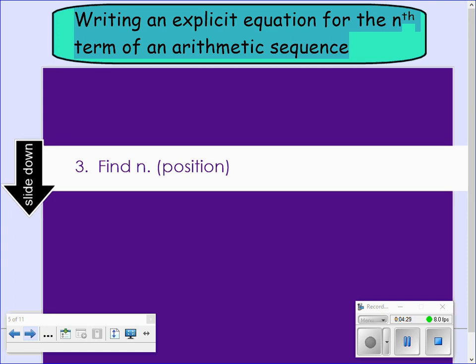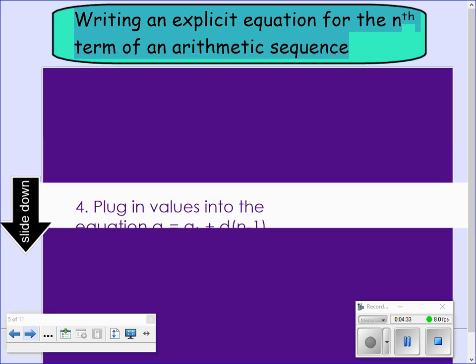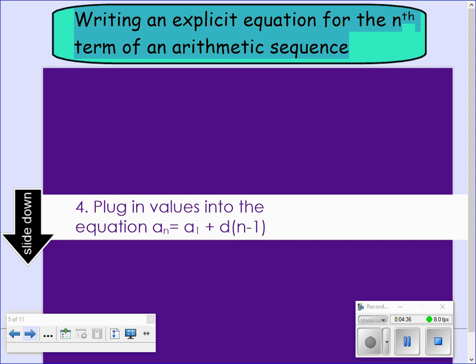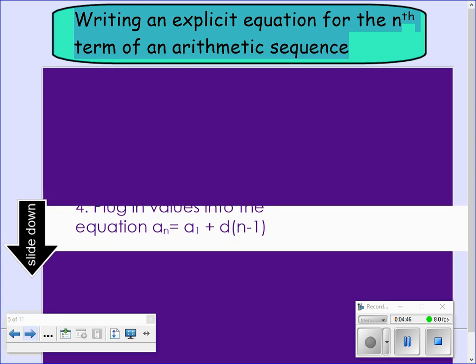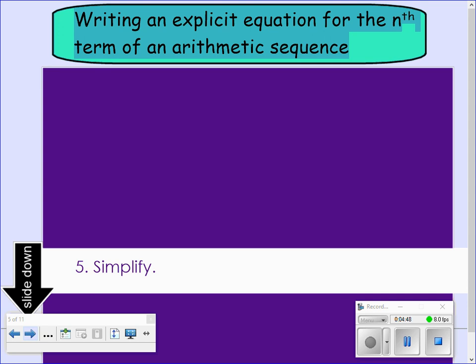Are you looking for the 212th term? What term is it that you're looking for? And then you're going to plug in the values for a sub n, the term that you're looking for, a sub 1, the first term, the common difference, and n. Then you're going to simplify or evaluate it to get your answer.